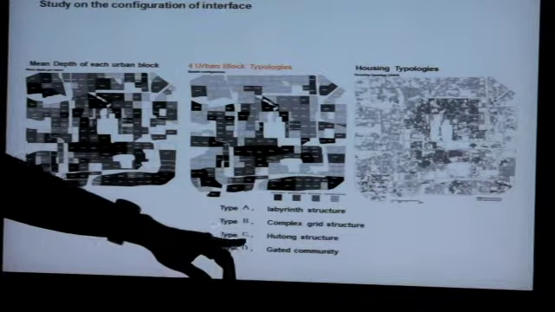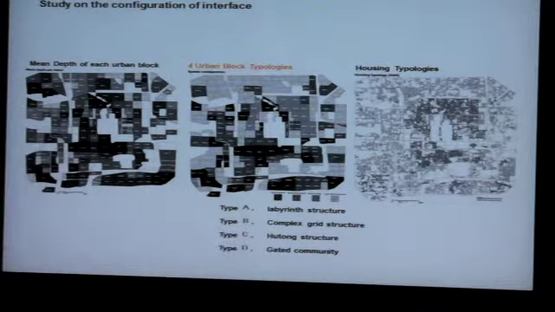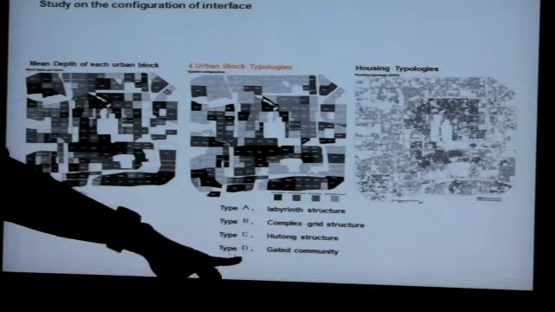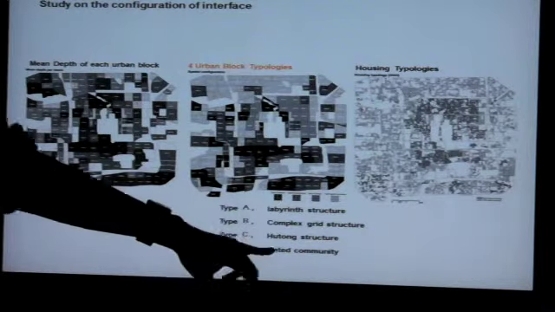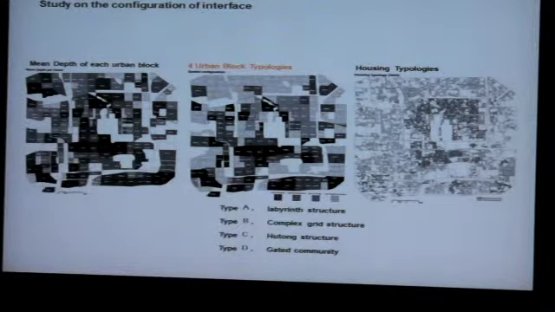The third type is a traditional hutong structure, which you can see later. It's a very orthogonal grid structure, very clear form. And the fourth type is called gated community, which represents post-war development. It's like a housing area, but more or less closed. So in that type of block, there's a very limited number of streets that can be used by outsiders.